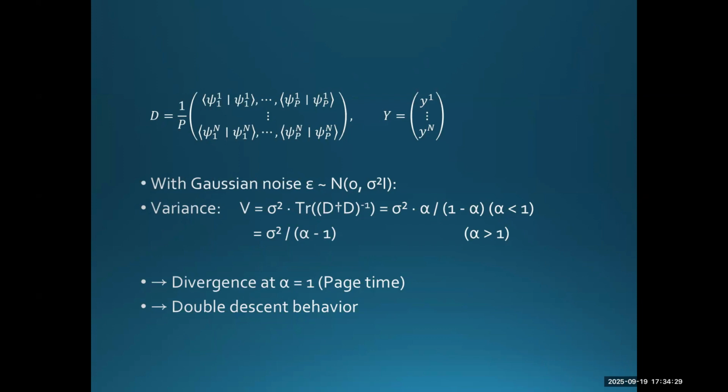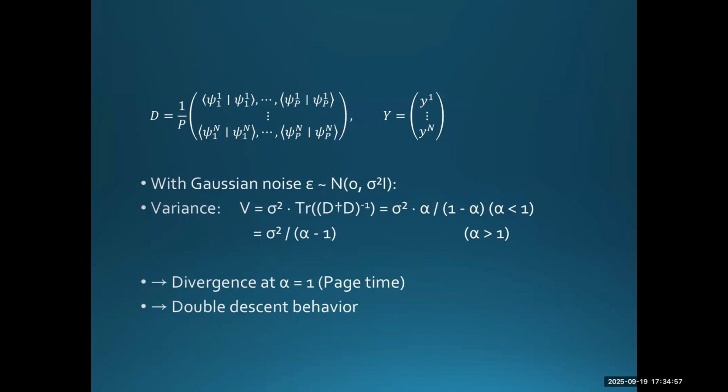So the y vector is also y1 to yn or yp? Each y is a number.